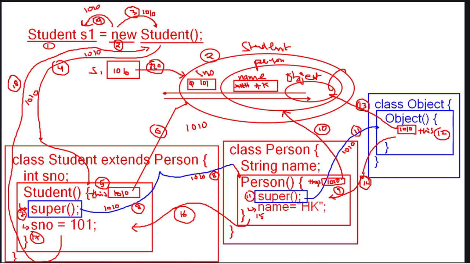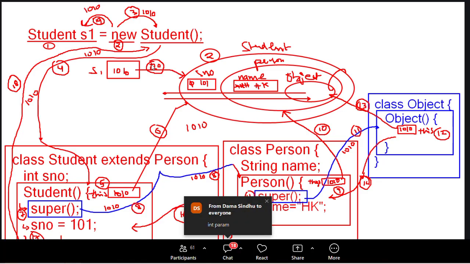For example, super of 5 calls which constructor? Which parameter of the superclass? The int param constructor.